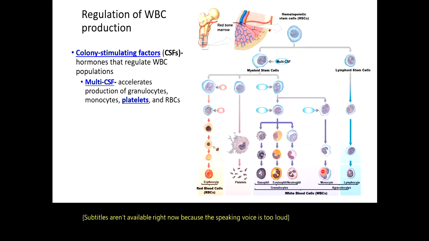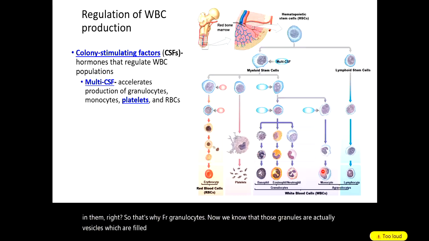Three among the five white blood cells are called granulocytes because in the early years when they were being looked at by scientists, it looked like they had a number of granules in them. That's why they're called granulocytes. Now we know that those granules are actually vesicles filled with various components which allow those white blood cells to perform their functions.